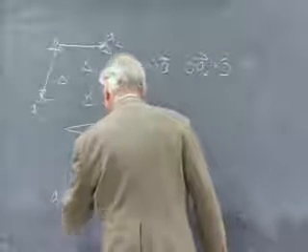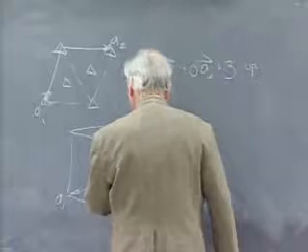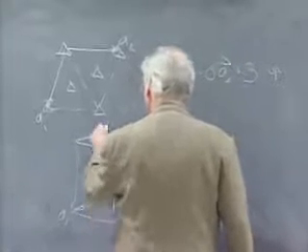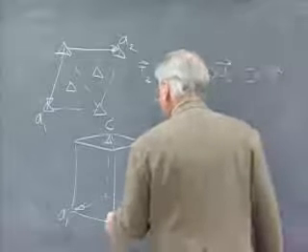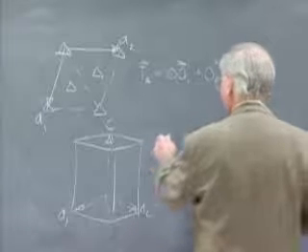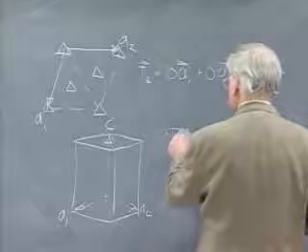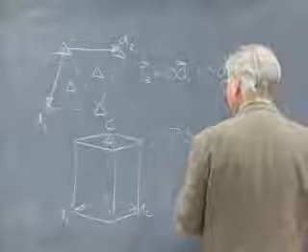This would be A1, this would be A2, and just as we did for tetragonal, we'd call the third axis C. This will work for a threefold axis, so there is a space group P3.